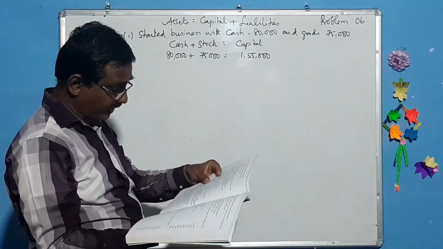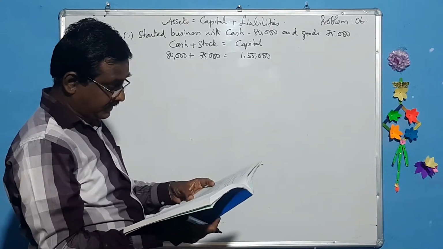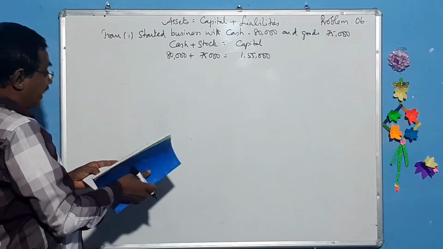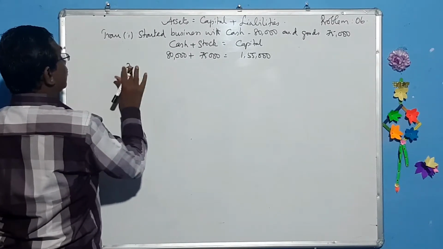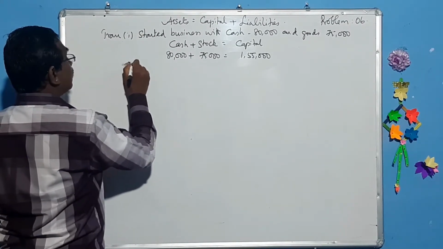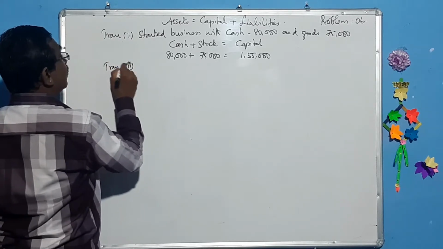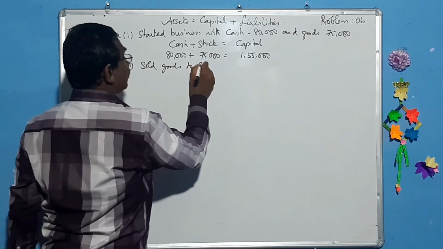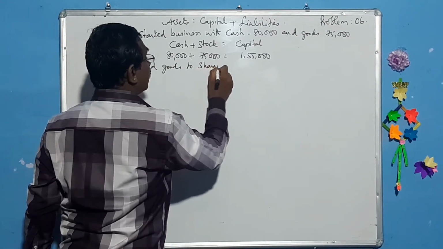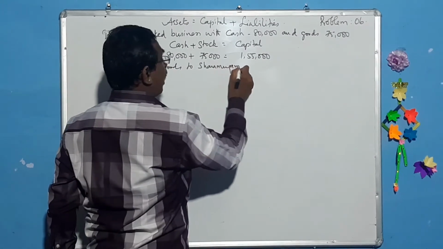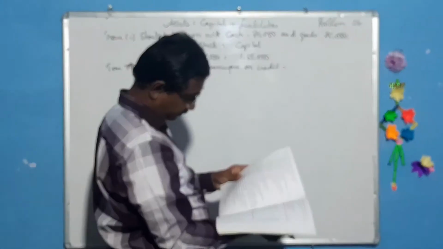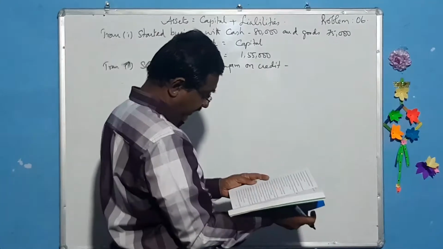Now, let us go for the second transaction. Sold goods to Shanmugam on credit 50,000. What is that amount? 50,000.